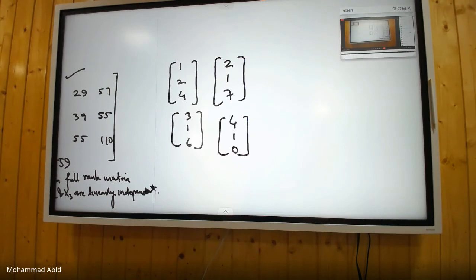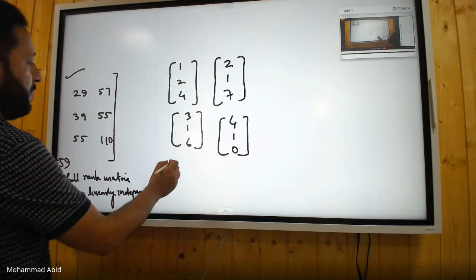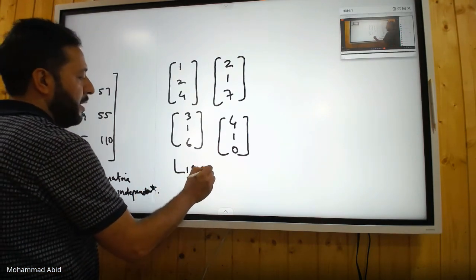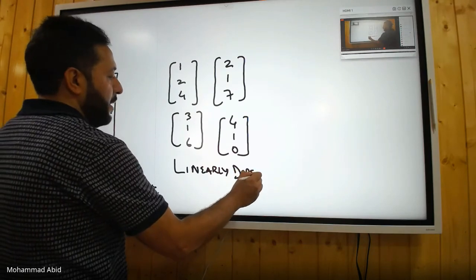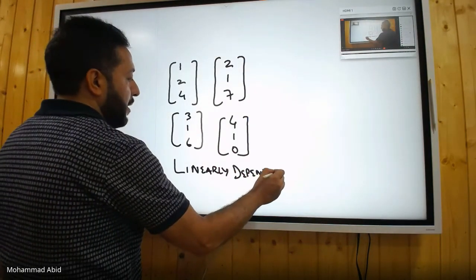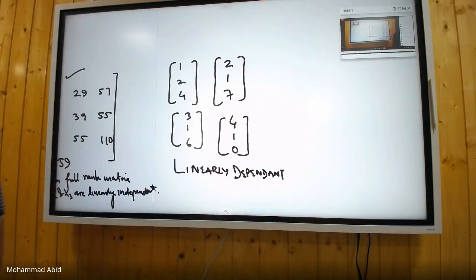You can never have 4 independent directions in a 3-dimensional space. So you don't need to check dependence independence through any method here. You should straight away say that they will be linearly dependent. Is that clear? Yes, sir.